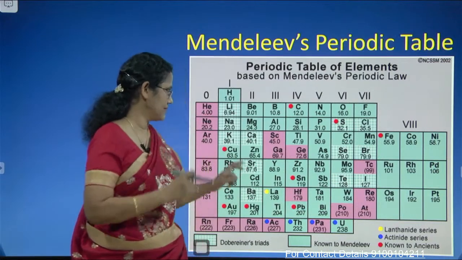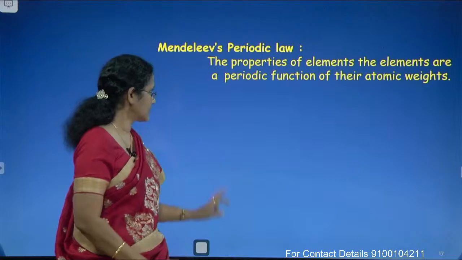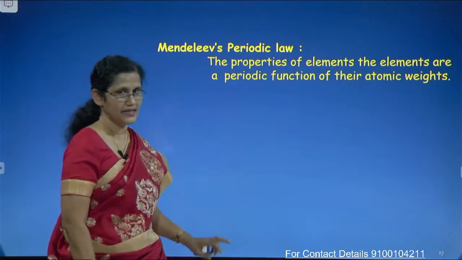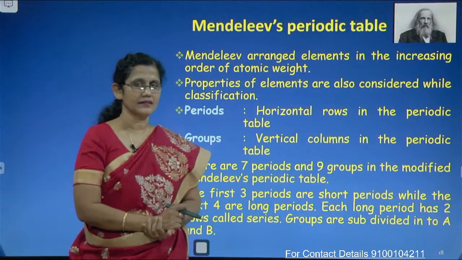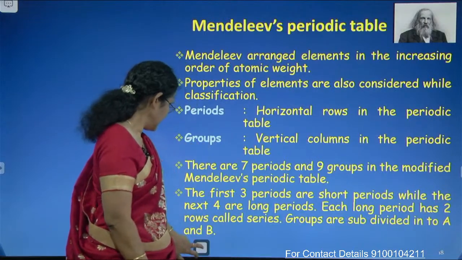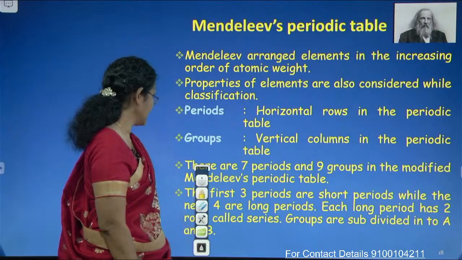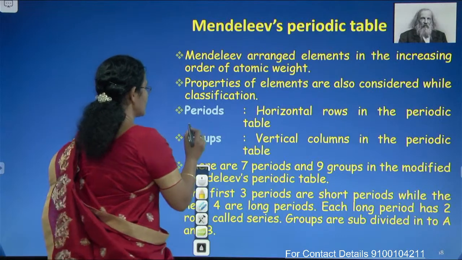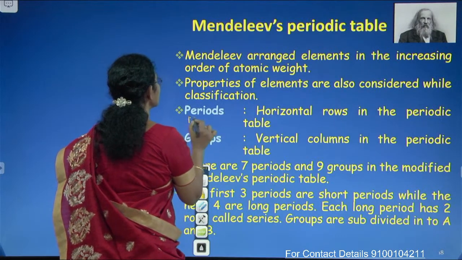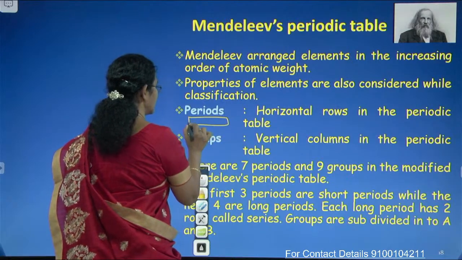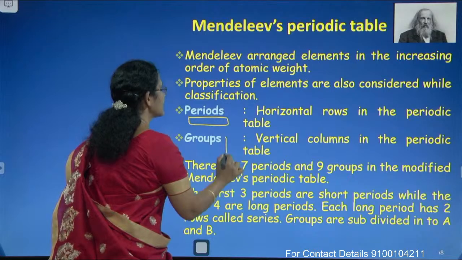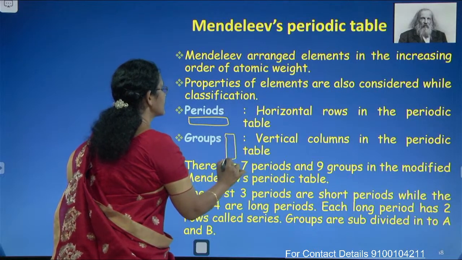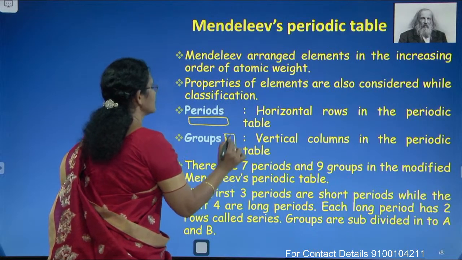In any periodic table, the horizontal rows are called periods and the vertical columns are called groups.